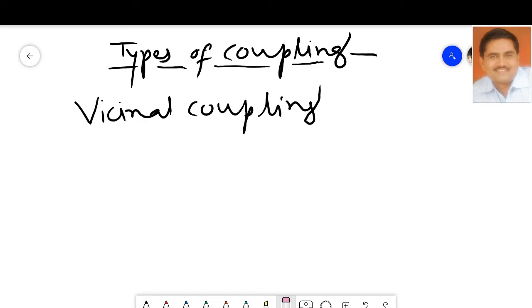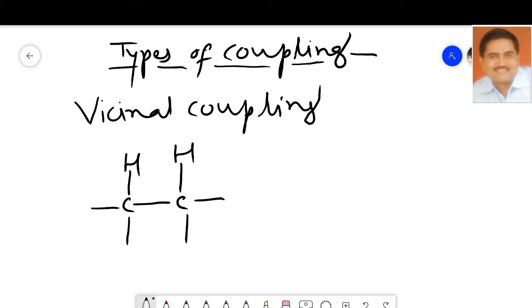Now vicinal coupling, this is the coupling between two adjacent protons.